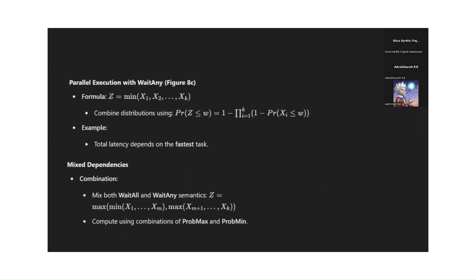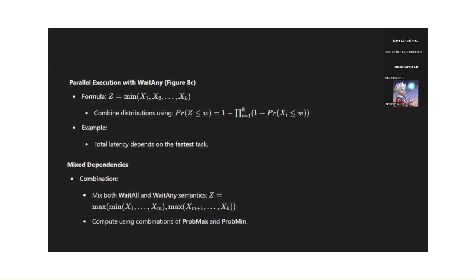WebPerf handles execution with wait-any and mixed dependencies to model latency accurately. For wait-any, the total latency depends on the fastest task, calculated using the minimum latency, as you can see in the slide, and combining distributions based on the probability of at least one task completing within a given time.